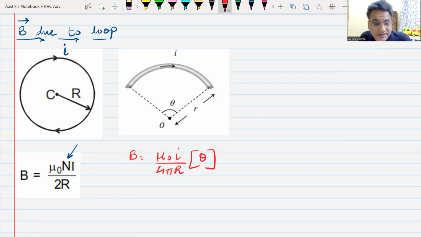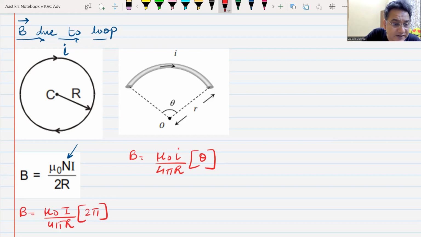Remember, this theta has to be in radians. Do we understand this? Yes, sir. Even this formula is the same as this. You see, mu naught I by 4 pi r, the total angle that the circle subtends is 2 pi. So the formula is the same. Do we understand this? Yes.